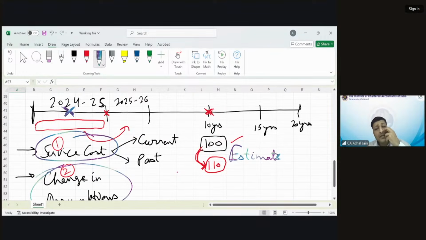Now, if this liability goes up or goes down because of these changes in assumptions, the component of the change that you will have, what do you call it as? Actuarial gain or loss.